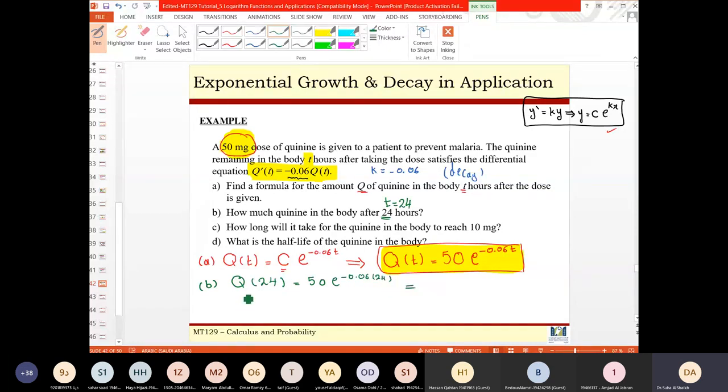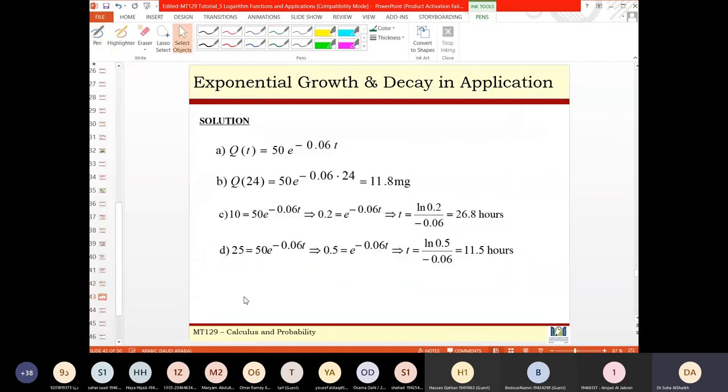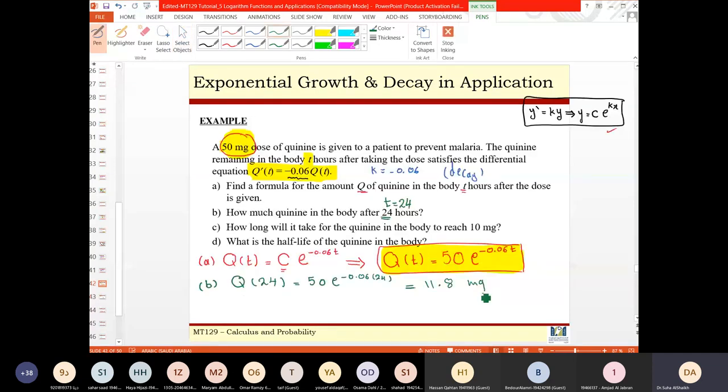Work your calculator. Do the calculation. How much is that? It is 11.8. This will be 11.8 milligrams. And this is the answer to part B of the question.